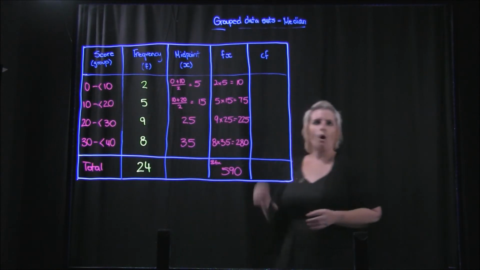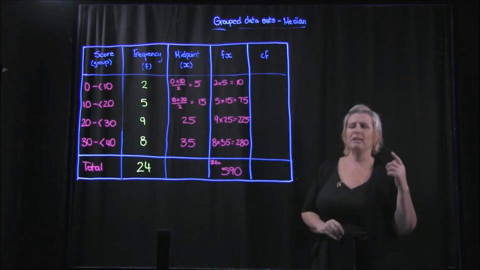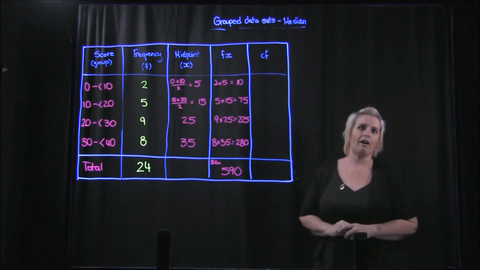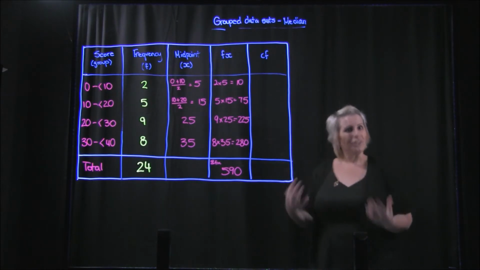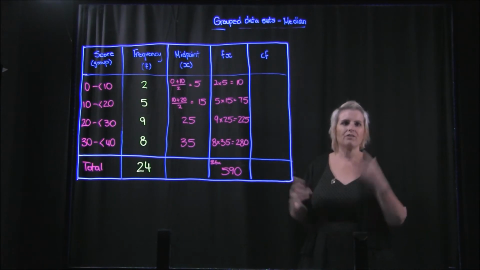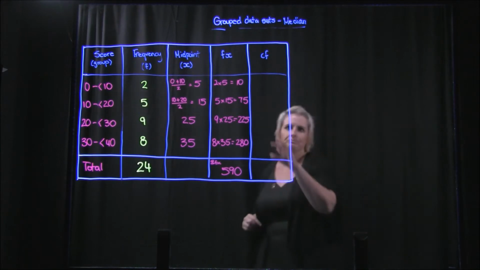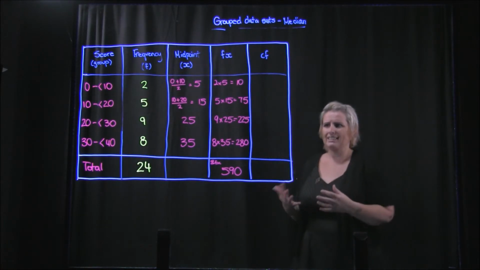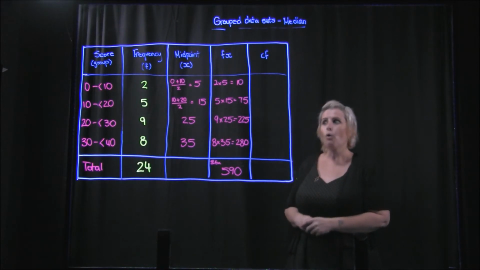That could be 0 and 1, it could be 1 and 1, it could be 9 and 9.5, it could be 1 and 7. We don't actually know. So when we have group data sets, we have to estimate the mean, the median and the mode. It's an educated guess, but we are still guessing.